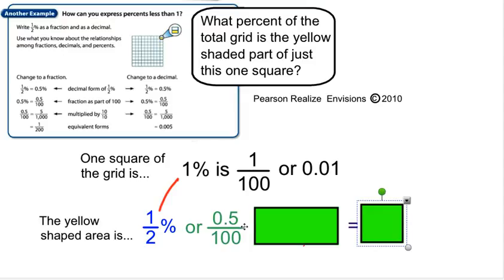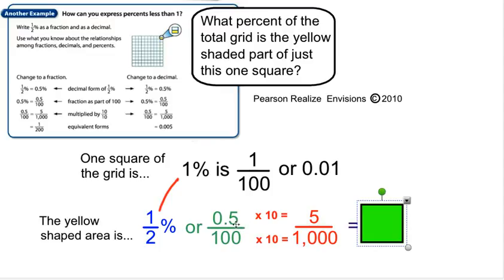Now remember, we want to find out how much this is of the overall grid. So what we have to do then is convert it to thousandths, okay? Because we want to stop working with the 5/10, we want to start working with something we can convert.